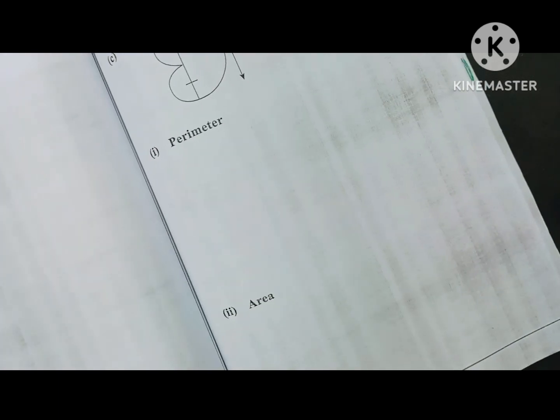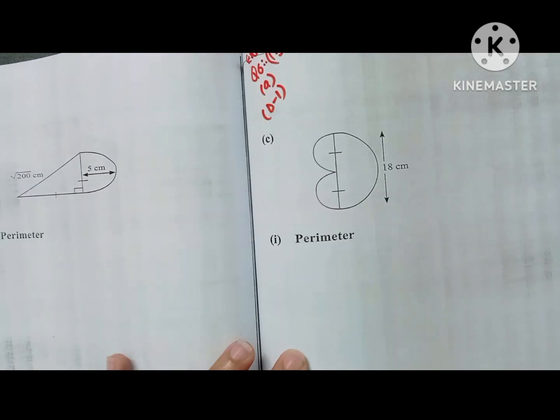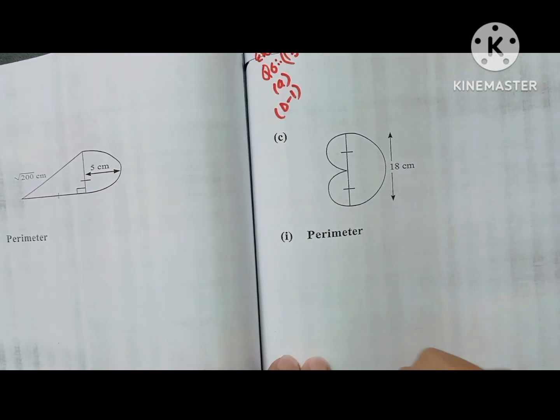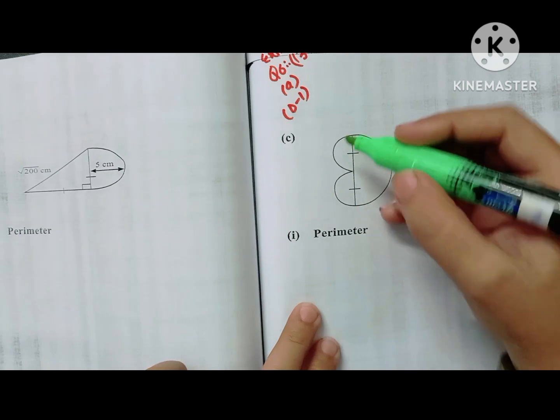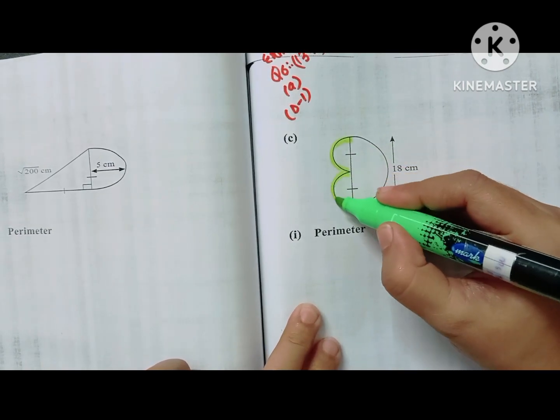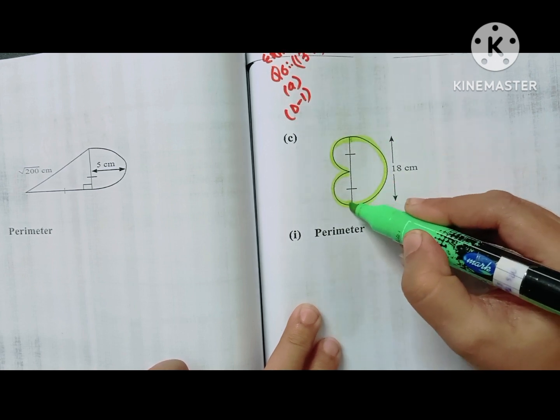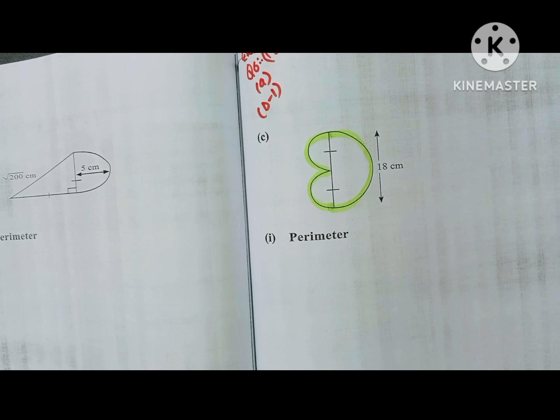So what is the perimeter if we are having this figure? For the perimeter of the figure, we need to know where we are having the outline of the figure. The outline of the figure are these two semicircles and then one of this semicircle. That is the perimeter of the given figure.